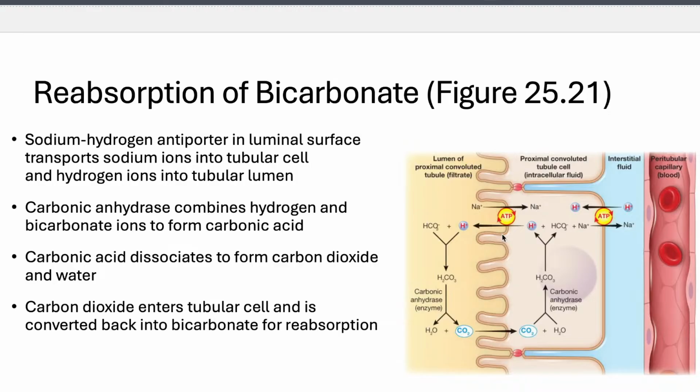So we're going to introduce hydrogen ions to balance the pH in the intracellular fluid in the tubule cell and in the filtrate, and this is all to balance out pH. That's what this is doing. That's why we're dealing with bicarbonate as well, so that should be a clue that we're doing something with pH.